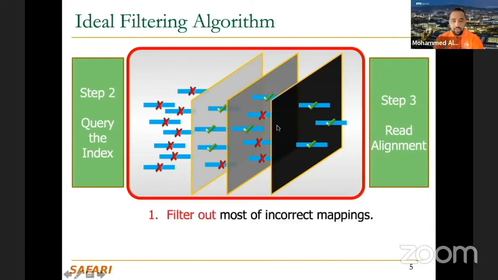And we said, whatever filter you develop, it should satisfy these 3 conditions. First, filter out most of the incorrect mappings. And we said why we say most of them, but not all of them. If you still remember, maybe you can write in the chat the reason for that, or you can enable the mic.